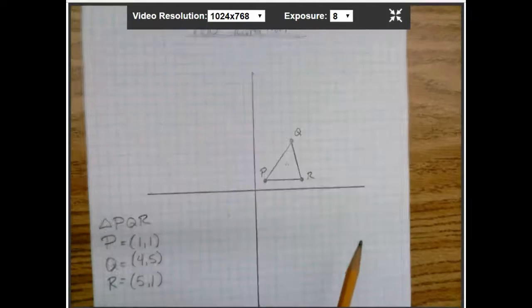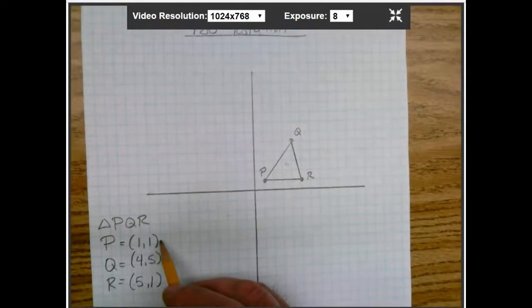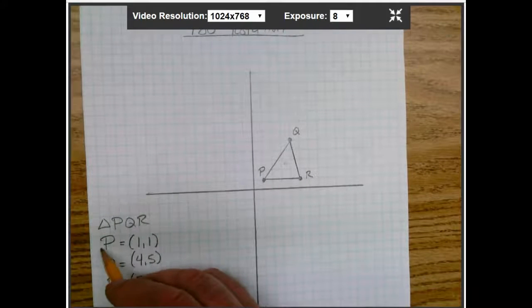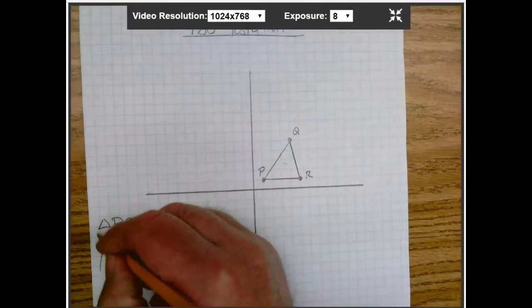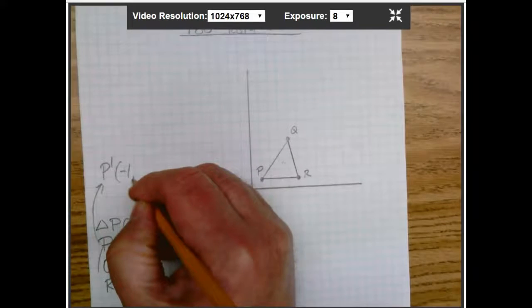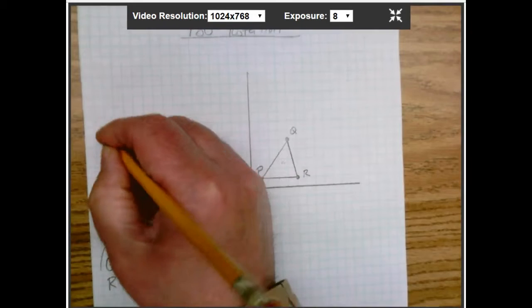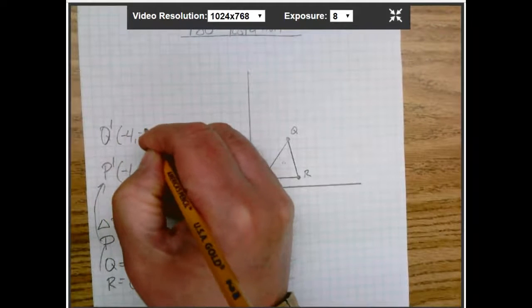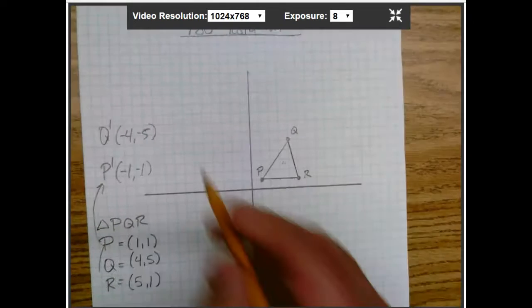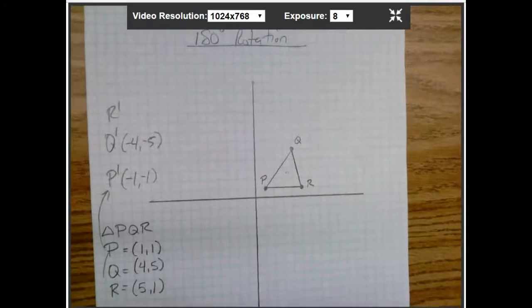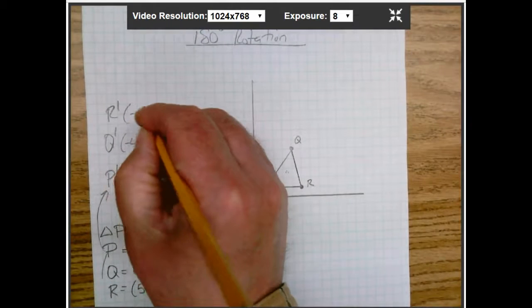So P is 1, 1, so P prime is going to be negative 1, negative 1. Q prime is going to be negative 4, negative 5. And then R prime is going to be negative 5, negative 1.